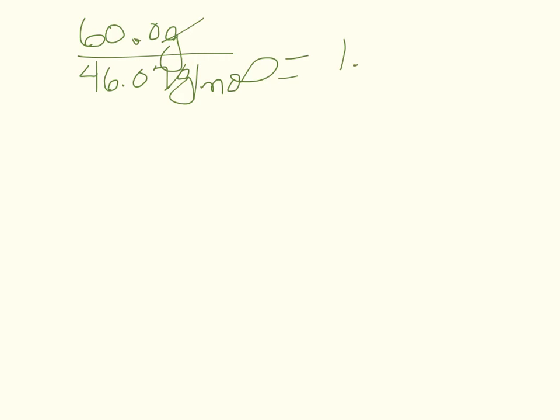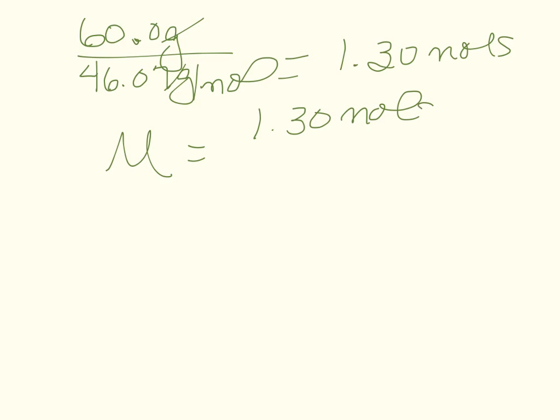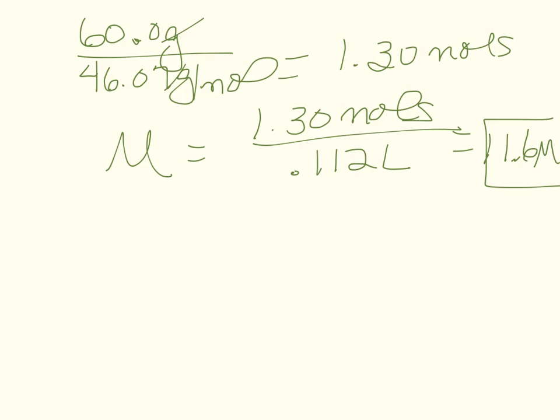We have 1.30 moles of ethanol. We're about done. So the molarity of this solution is 1.30 moles divided by 0.112 liters that we just calculated on the last page. And so the final molarity is 11.6, put a capital M, and that is it.